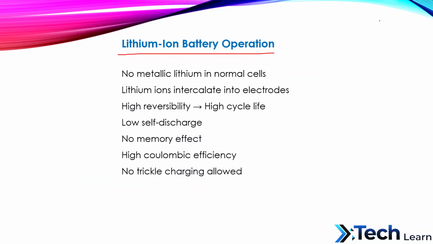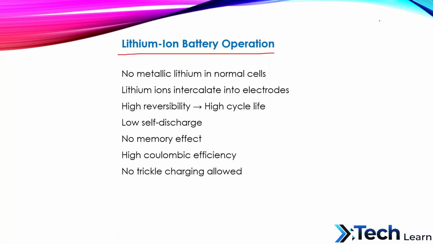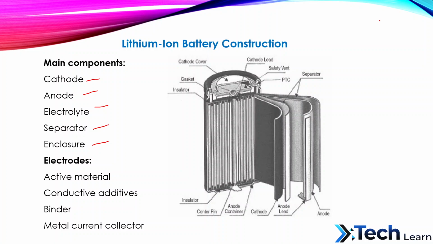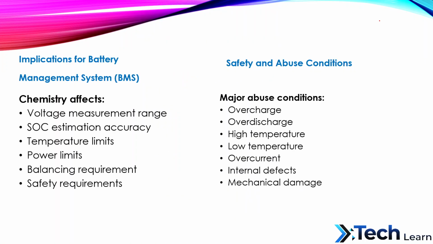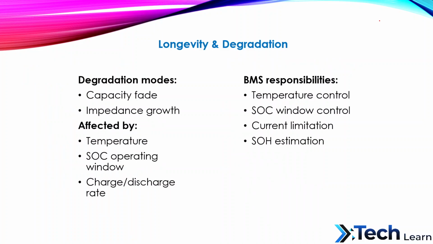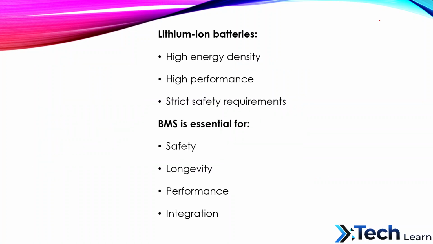Fine. In this session, we have discussed the fundamentals of lithium-ion: how the lithium-ion battery operates, what the construction is, what the cell formats are, what the different types of chemistries are, and the implications for the BMS, safety and abuse conditions, and longevity and degradation of the lithium-ion cell. We also covered the performance requirements and system integration, and overall the BMS has to ensure safe operation and maximize longevity.